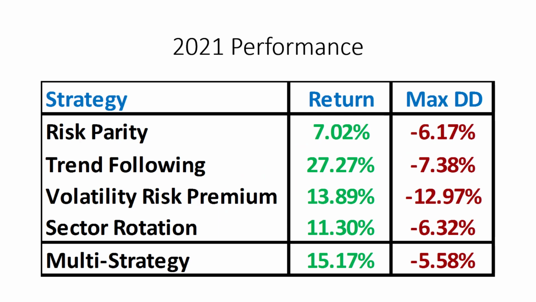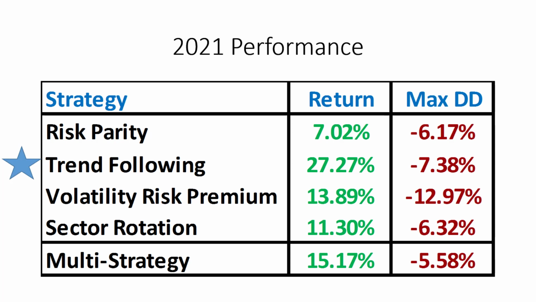In summary, it was an exceptionally good year for the S&P 500 as it was up almost 27%. All our strategies were positive, but the outstanding performer was our trend-following strategy, which is to be expected since it is equity-focused.